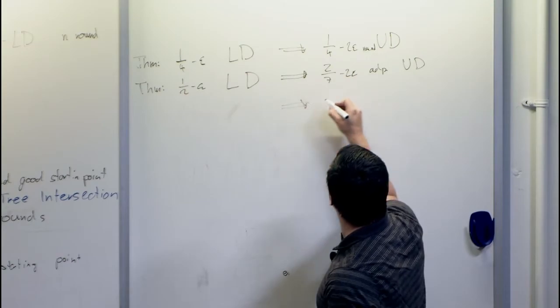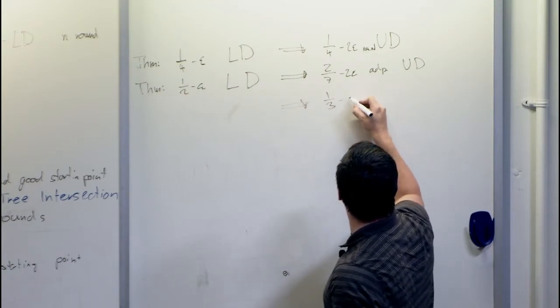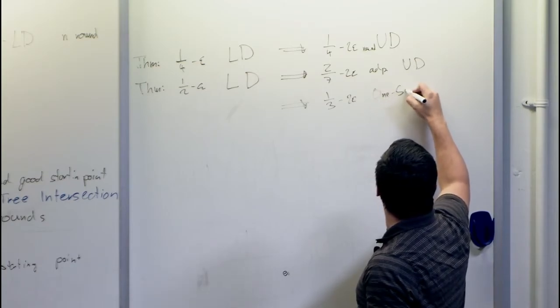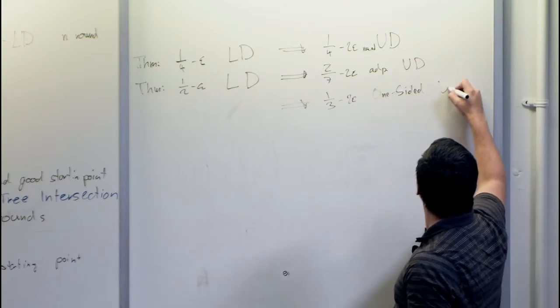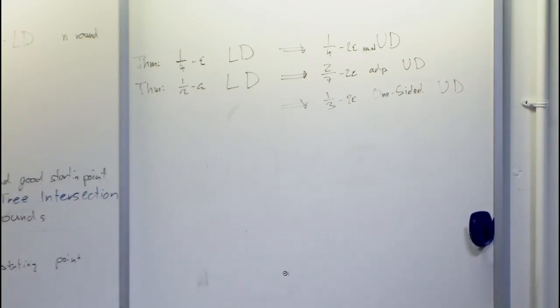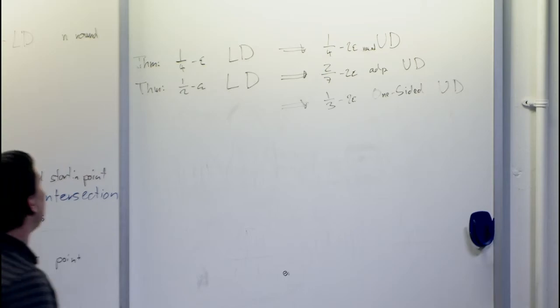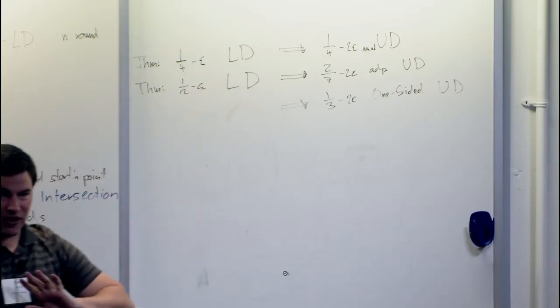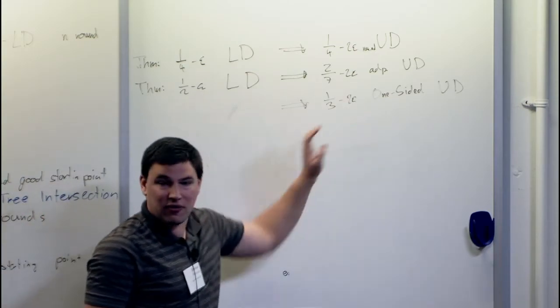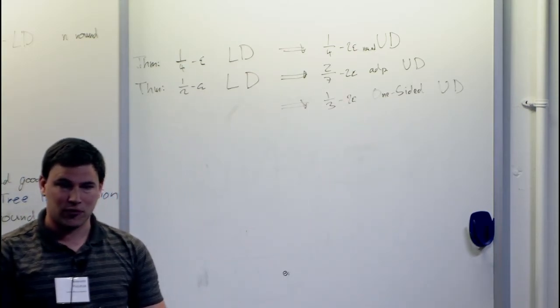And we can, for example, also get a 1/3 minus 2 epsilon one-sided unique decoder. 1/3 is also the optimal error rate here. Okay, so these are black box reductions. I just need to know that there exists this list decoder, and if it's efficient, then also this reduction will be efficient. Cool.